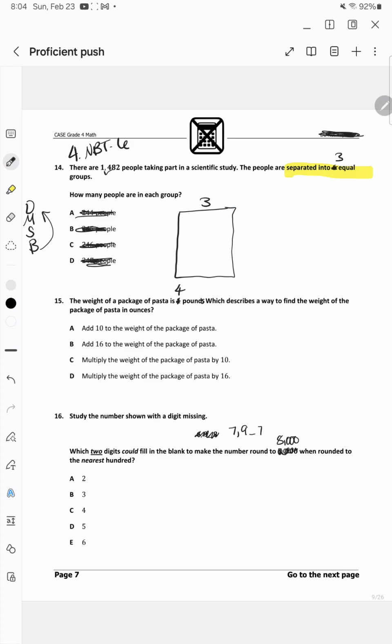Now, I know 3 can actually fit in this at least 1,200 times. Now, what would go here, that's the question. So if I pull 1,200 out of this, I need to see what would go in the other boxes.